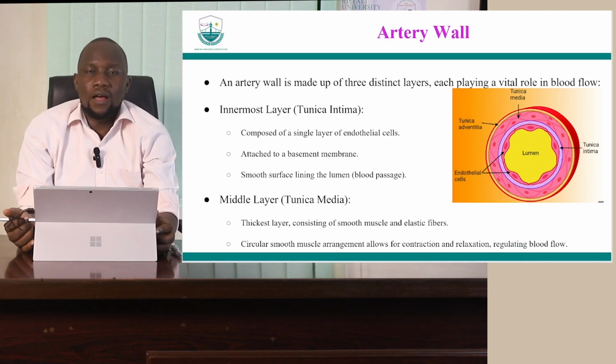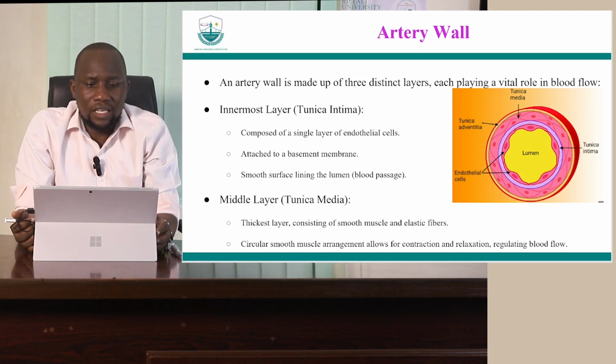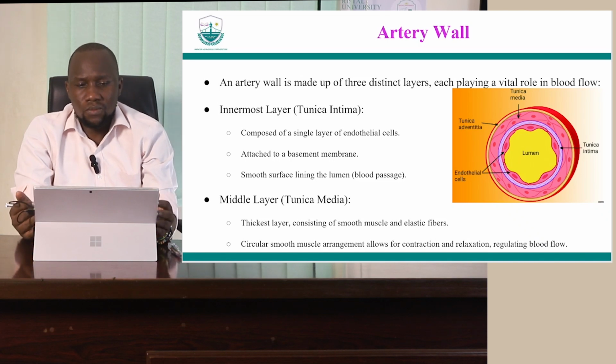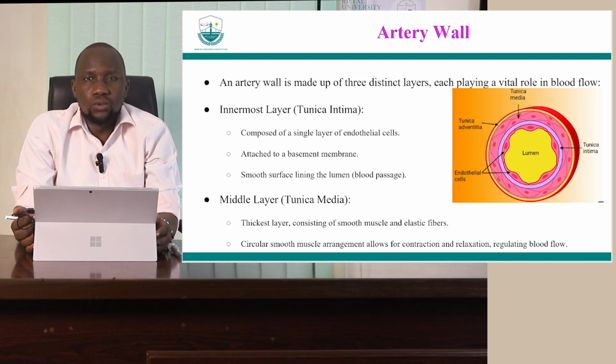So an artery is quite thick. It is made up of a wall that is quite thick, and this wall is very important because it allows the arteries to withstand the pressure with which blood flows into them.